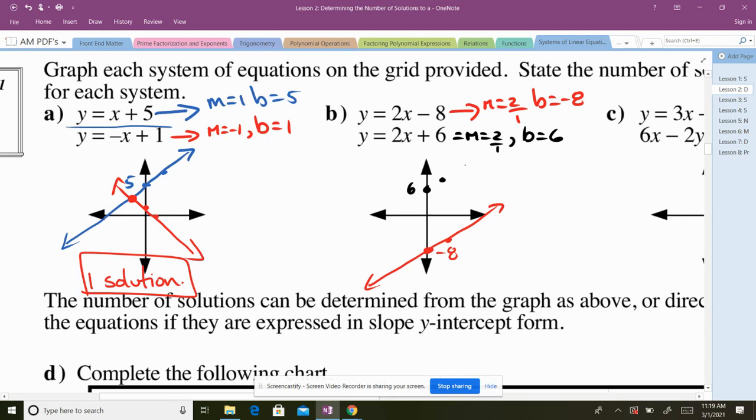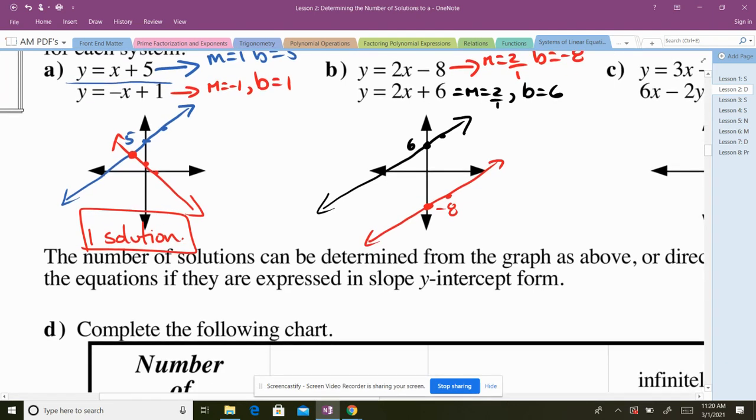Up 2 over 1. Do those graphs ever intersect? Why? Because they are parallel. They have the same slope. So they never intersect. So how many solutions does it have? Exactly. But we're going to say no solutions. Or 0 solutions. But we're going to say no solutions. Okay. Everybody with me so far? See the difference between one solution where they intersect like that and no solutions where they have the same slope.